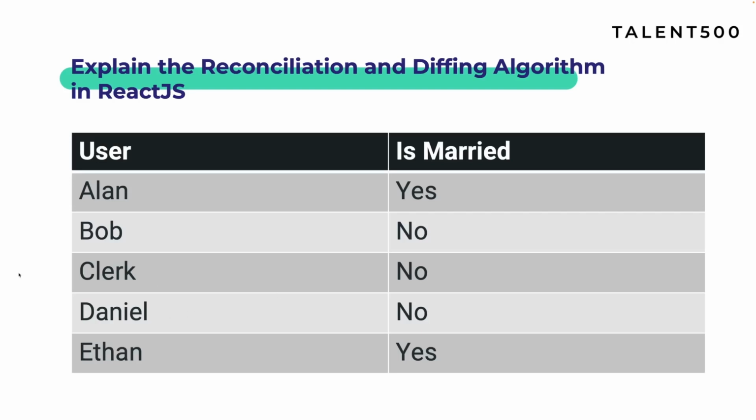Making this one tiny change, I am traversing through the entire DOM tree, which is not great, right? So that is where I'll be differentiating what exactly got changed. Maybe only Bob's data got changed, so just update that one. That's where the diffing algorithm comes into the picture. But let's see this visually so that you understand it in a much better way.